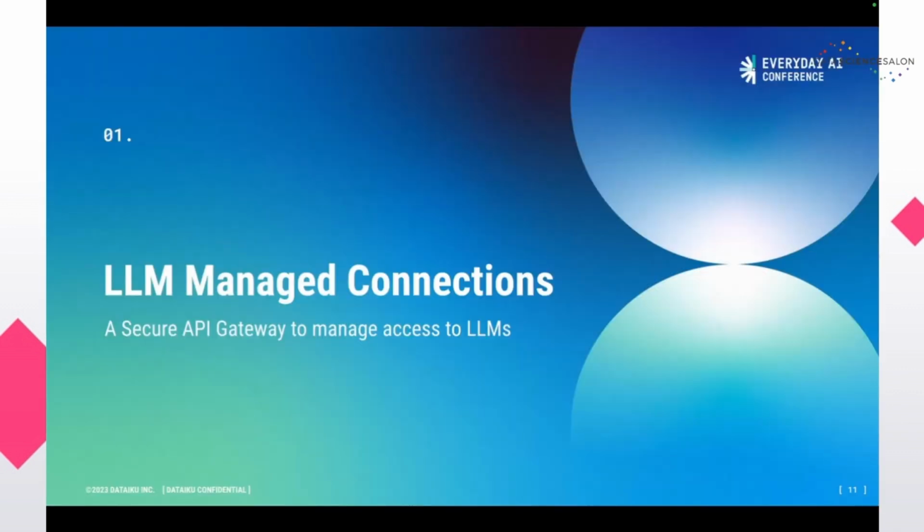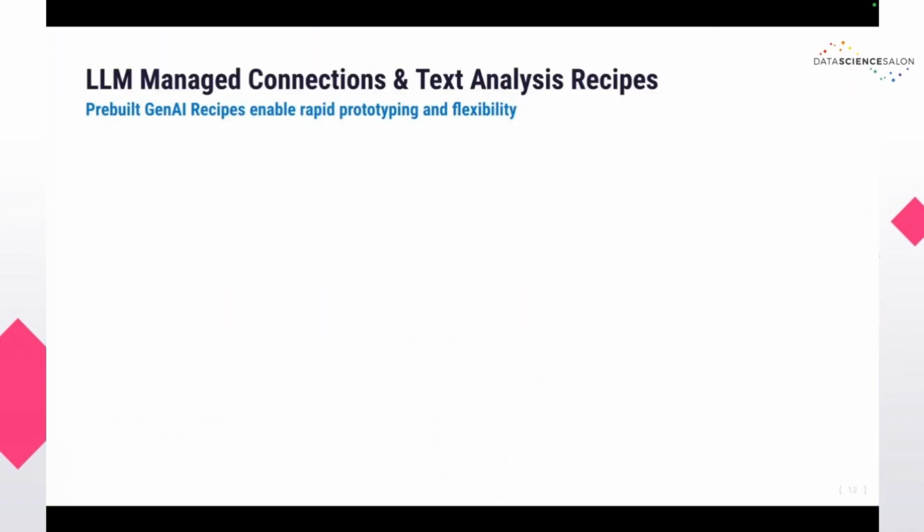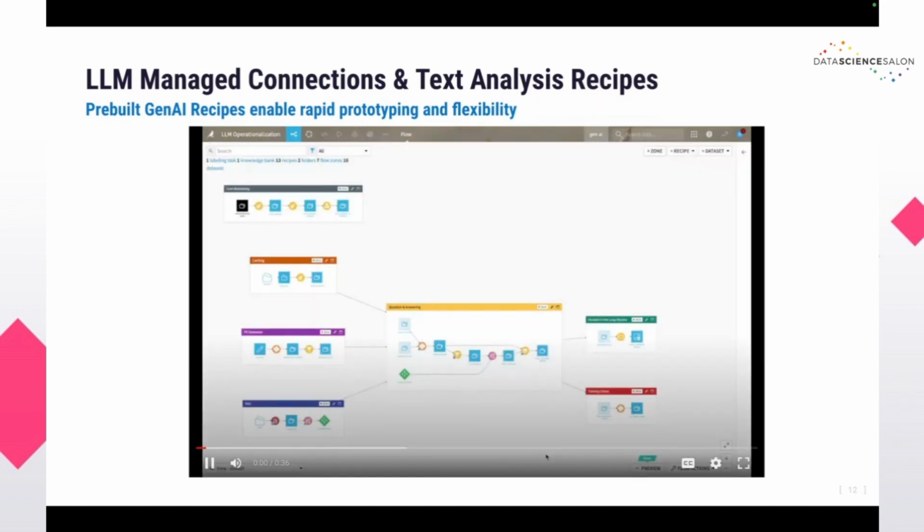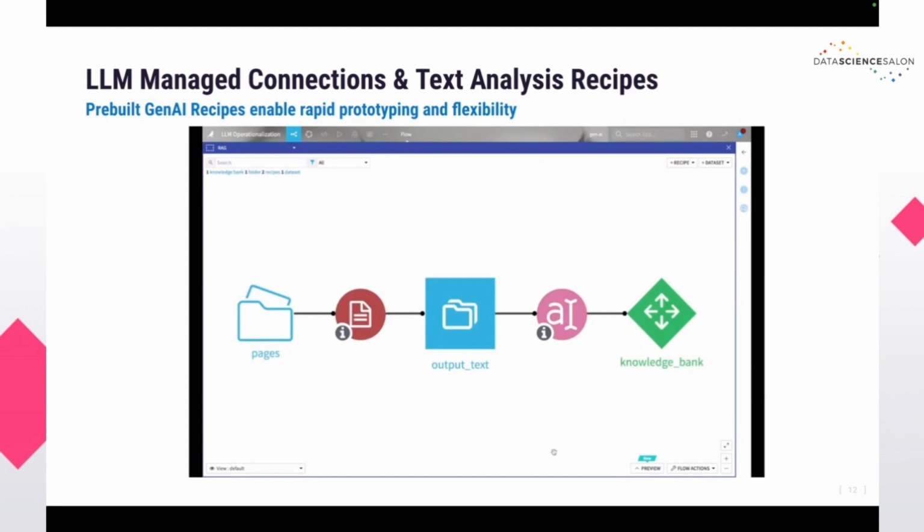So let's take a look how we build out that retrieval augmented generation pipeline. The LLM managed connections and different text analysis recipes allow us to rapidly prototype generative AI applications in Dataiku. Let's take a look. First, we start by moving this unstructured data to structured data with a plugin.